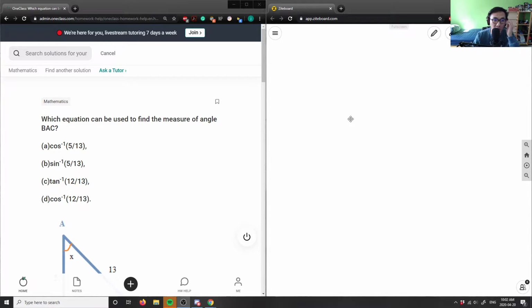Okay, so we have this problem. This is question 1, and it's asking us which equation can be used to find the measure of angle BAC. Let me just take out my tablet real quick.